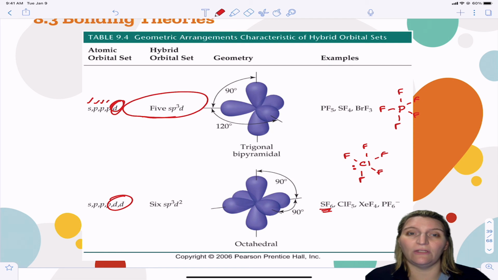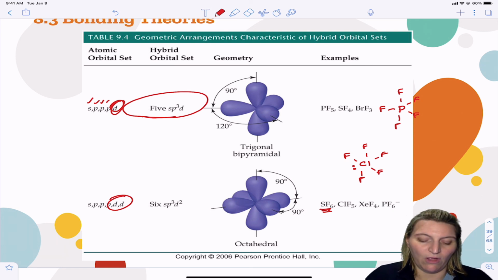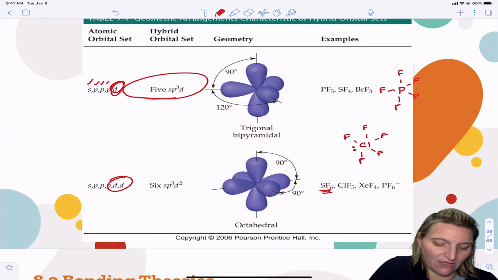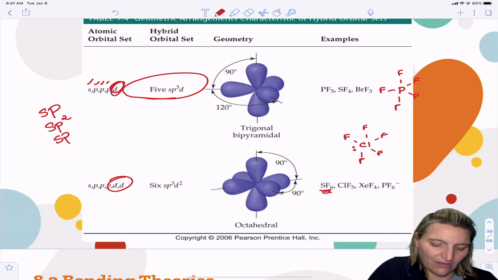You're going to need to be able to draw the Lewis dot structure of a molecule, determine how many electron domains are around the central atom, and relate that to the hybrid orbitals. There's only 5 choices that it could be: sp, sp2, sp3, sp3d, or sp3d2.